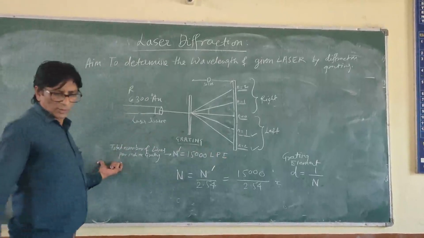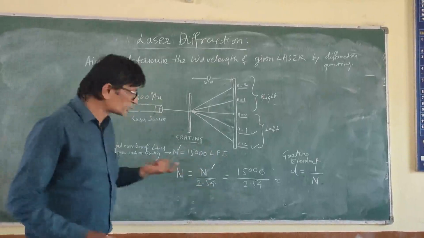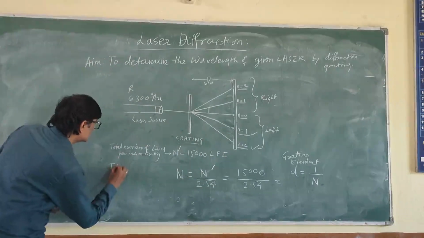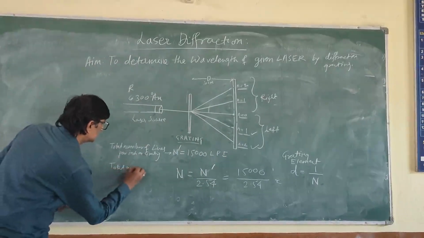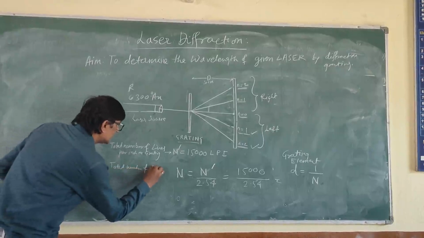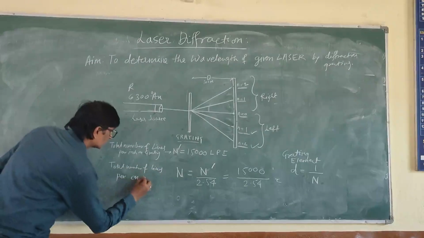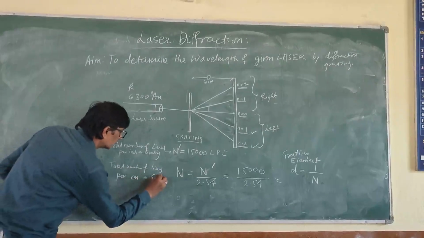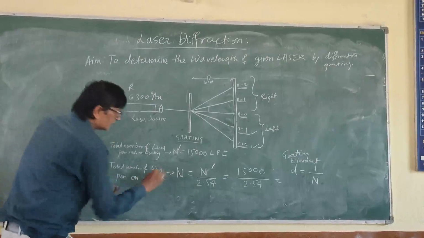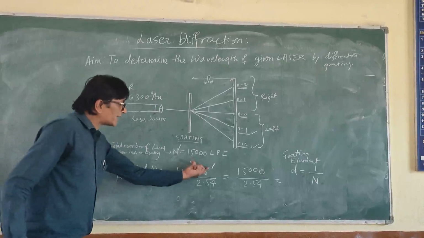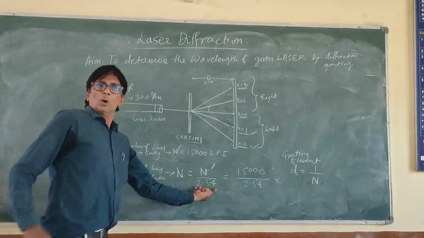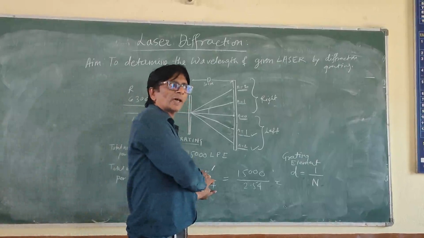Now here we have to convert. What is the total number of lines per centimeter on the grating? That is called n. N is equal to n dash divided by 2.54. Why divided by 2.54?